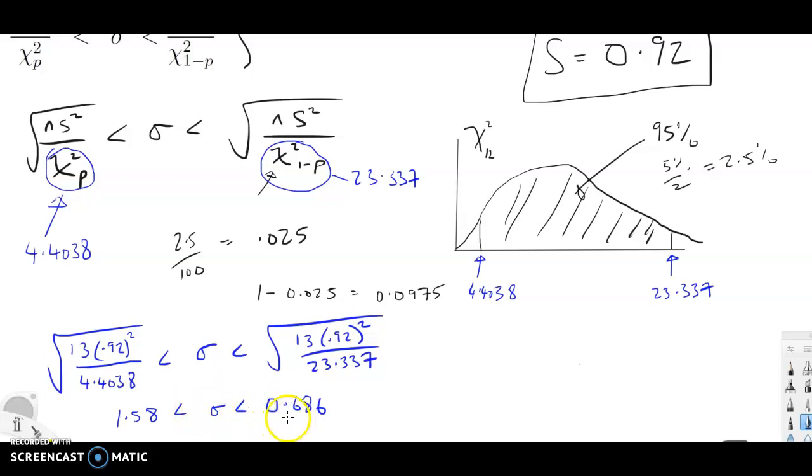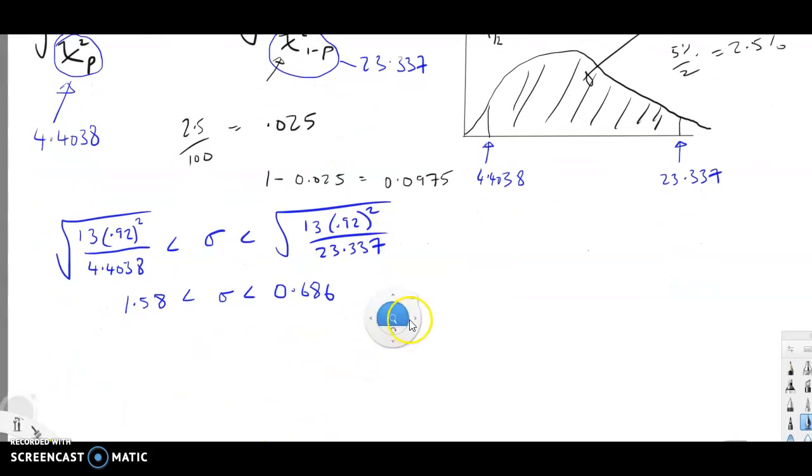Somehow I've made a small mess of that. It should be the other way around. It doesn't make sense that sigma would be greater than that. So I'll swap those two figures around, and I have sigma less than 1.58 and sigma greater than 0.69, rounded to two decimal places.